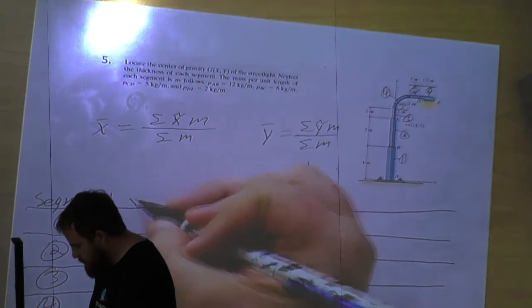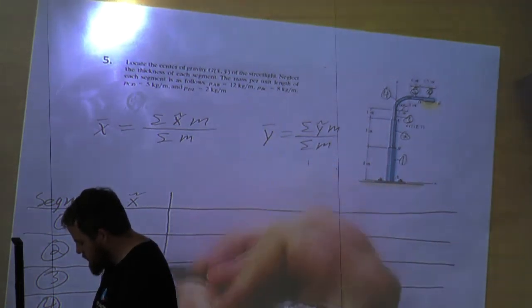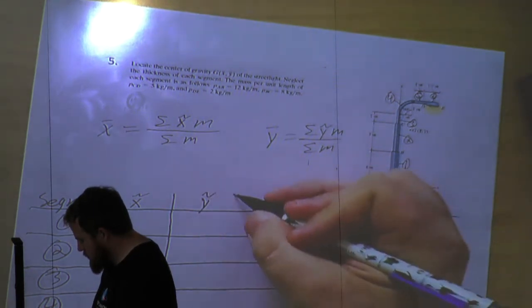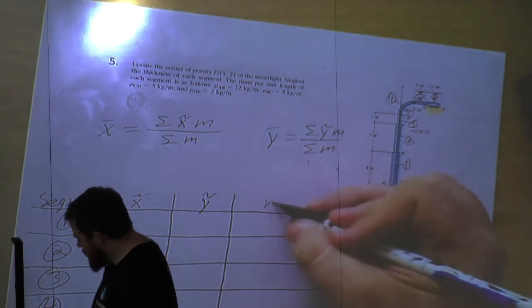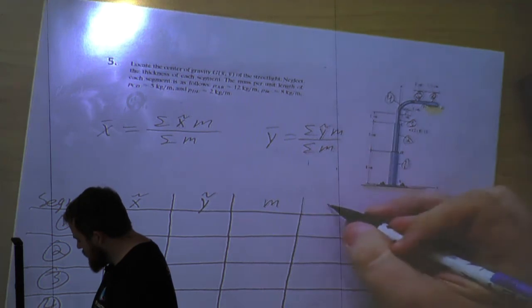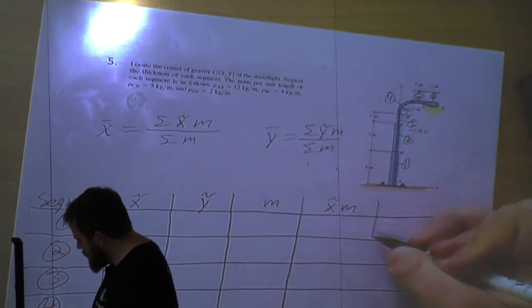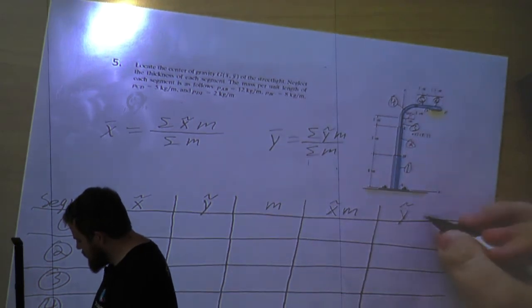So we're going to have x, y, the mass, x times the mass, and y times the mass. All right?